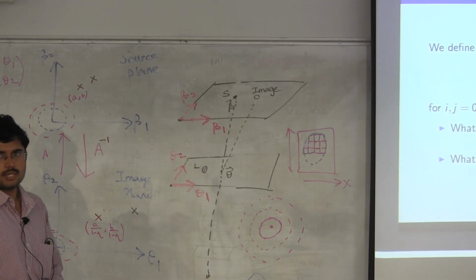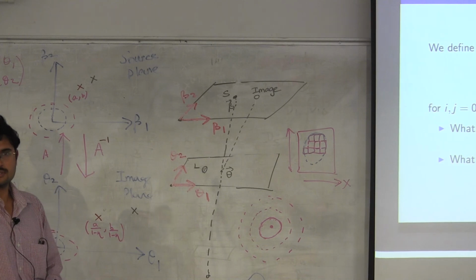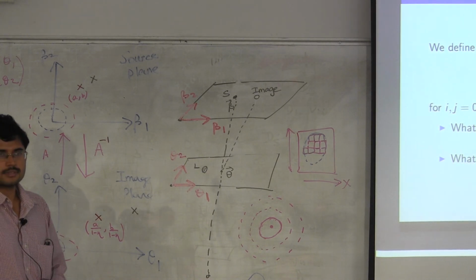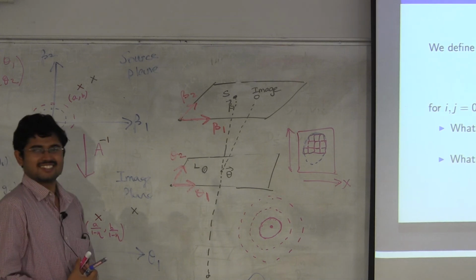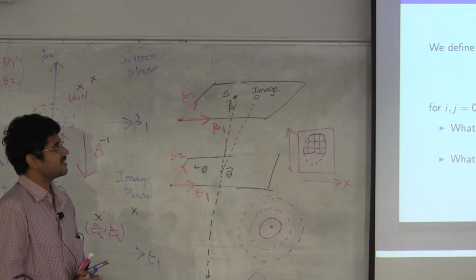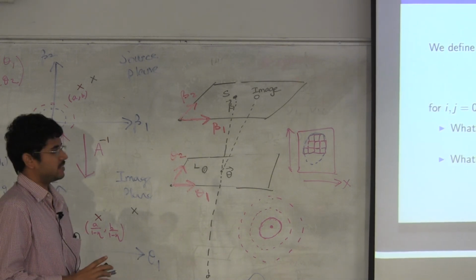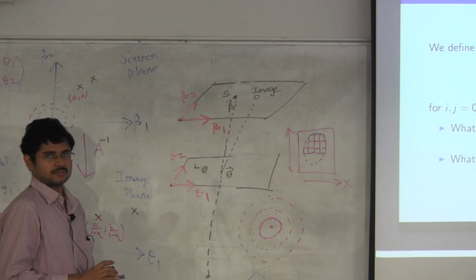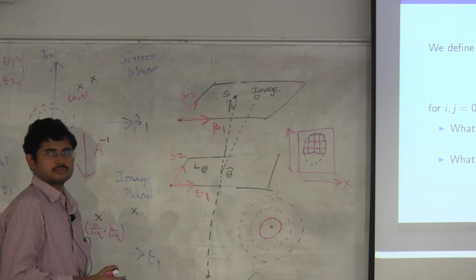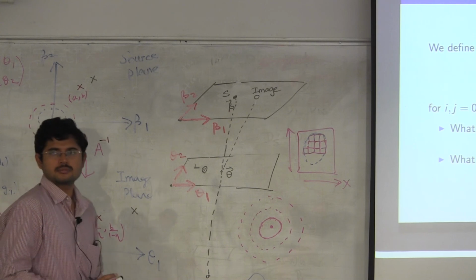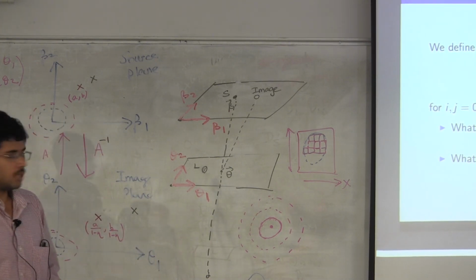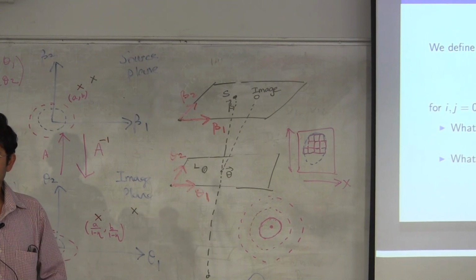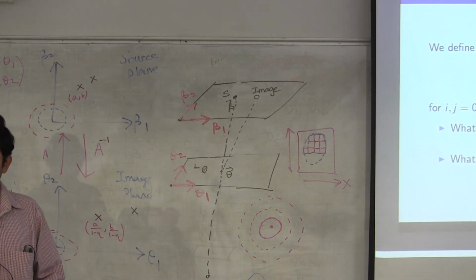What about Q01 and Q10? Somebody else, not you, Miguel. What would these physically represent? Q01? Why?